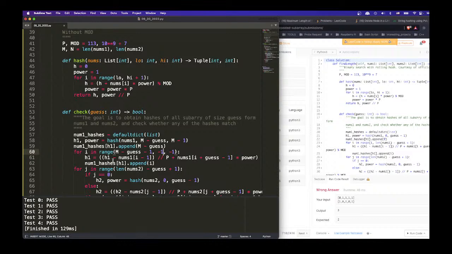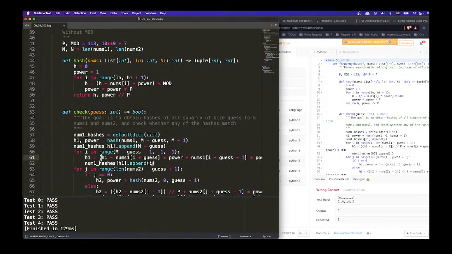And what we do is the h, we're gonna minus, minus what? Minus i plus guess, right? So here, plus guess. Yeah, plus guess. i plus guess is this thing we're gonna remove, and remove this is gonna have to times power, right?